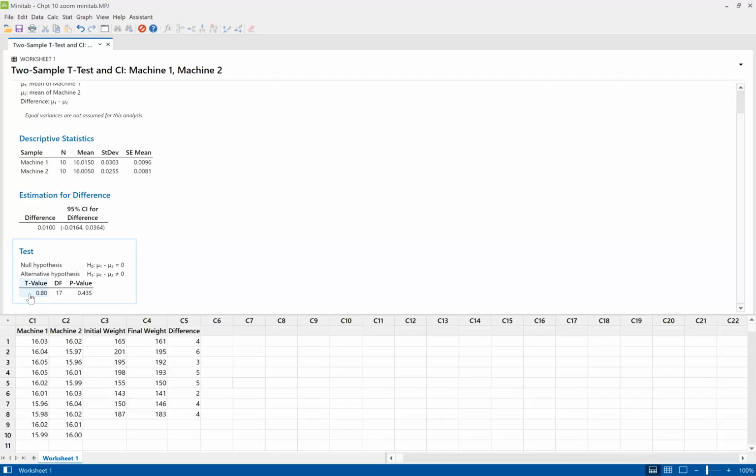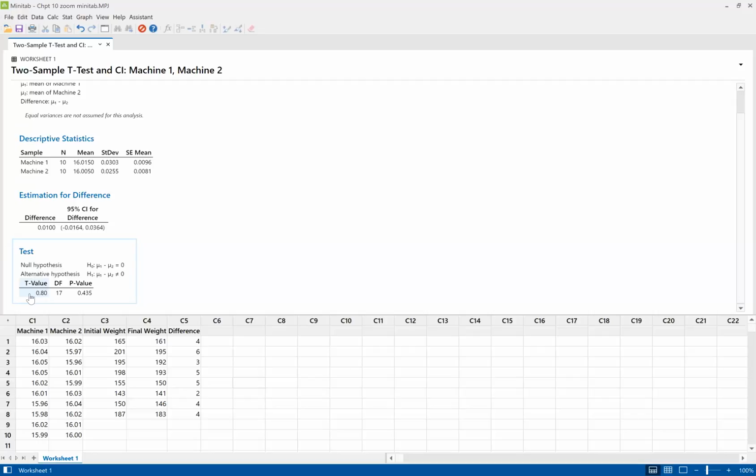And so as it says in our basic acceptance criteria, when we're looking at the null hypothesis being equal or not equal, we're looking at that t-value, and if the t-value is greater than your t of alpha over 2, you would reject the null hypothesis. Well, 0.8 is not greater than 2.110. So again, we fail to reject, or in other words, we accept the null hypothesis.